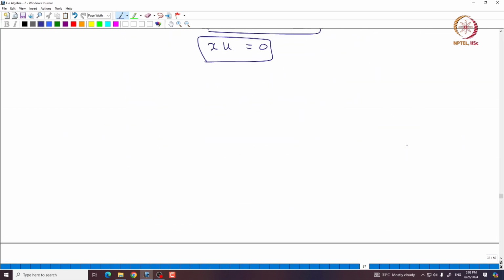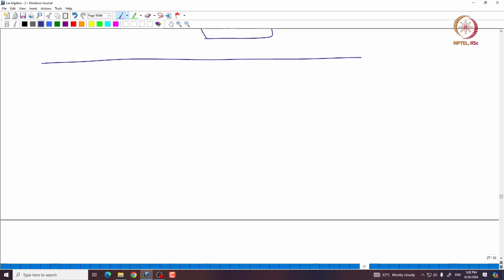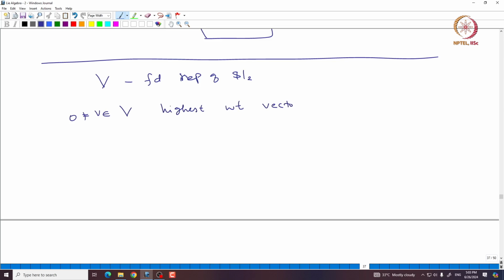So, now what can we do with this highest weight vector? You start with V, which is a finite dimensional representation of SL2. Let us say V has a non-zero highest weight vector with weight, let us say a. As of now we know that this weight can only be a complex number.